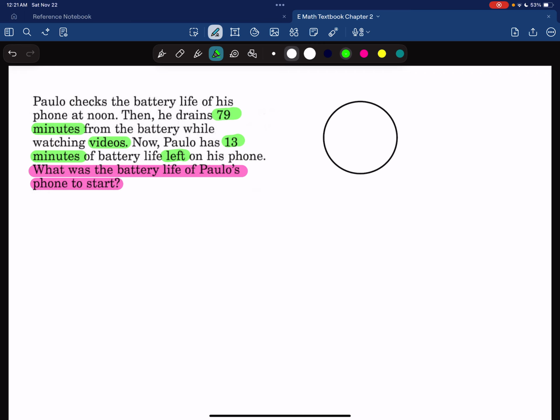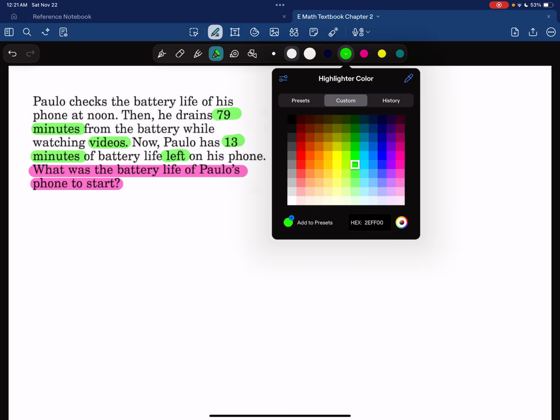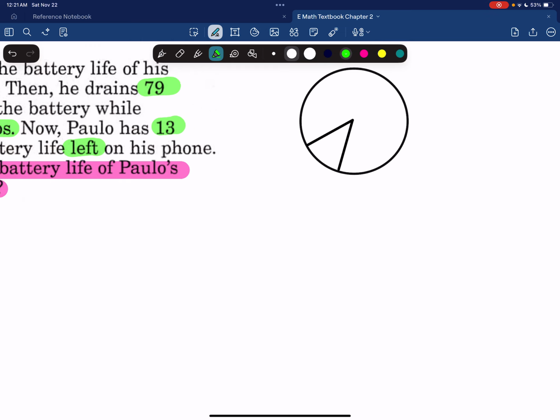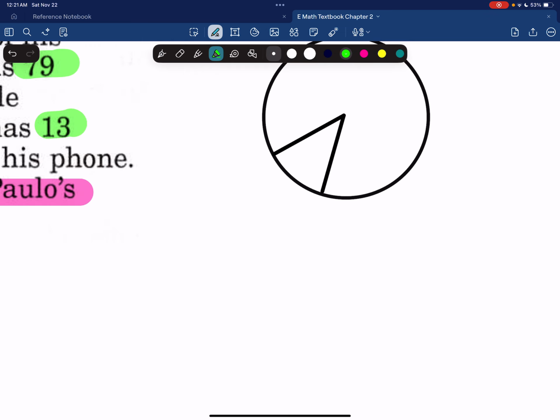And he's drained 79 minutes, so that's a lot of the battery. Let's do a little section here for the 13 minutes that he has left. So I'm going to make this little section right here, if I can get in here, be the 13 minutes that he has left.